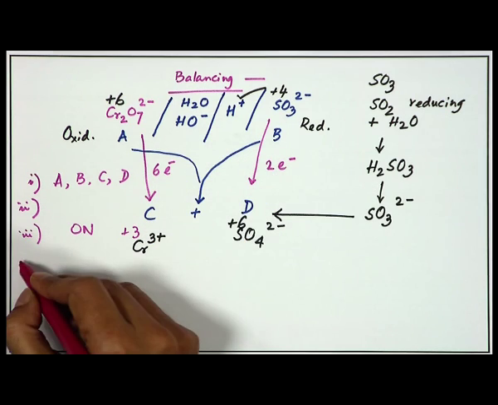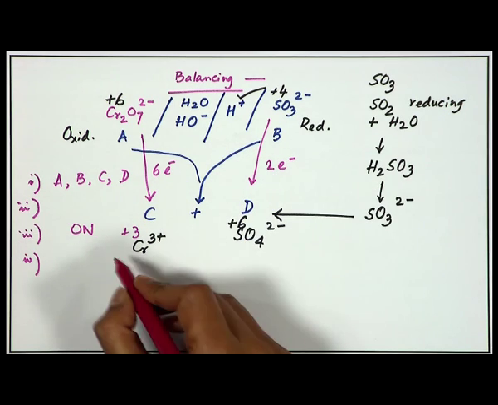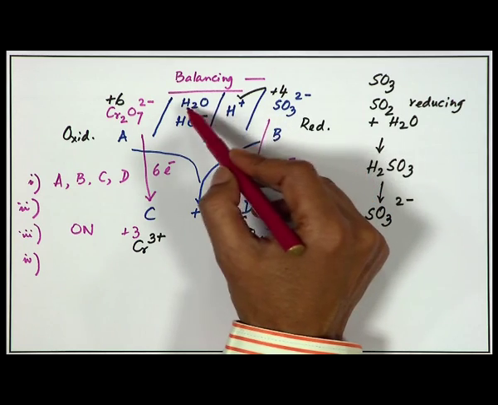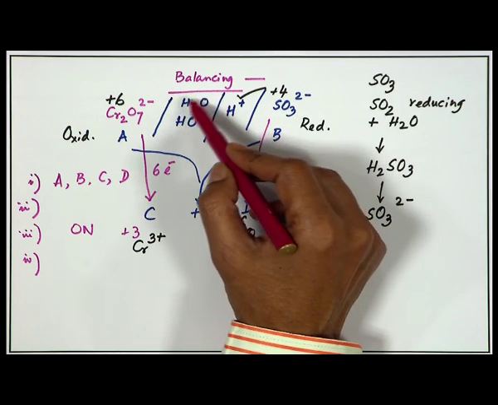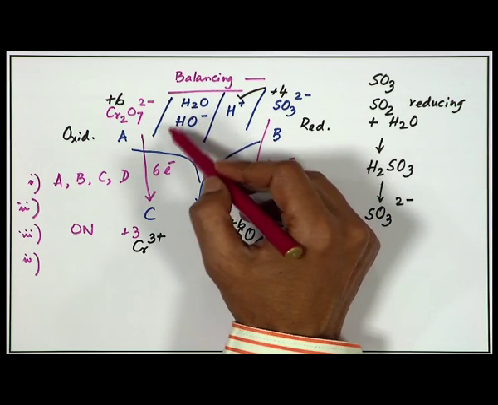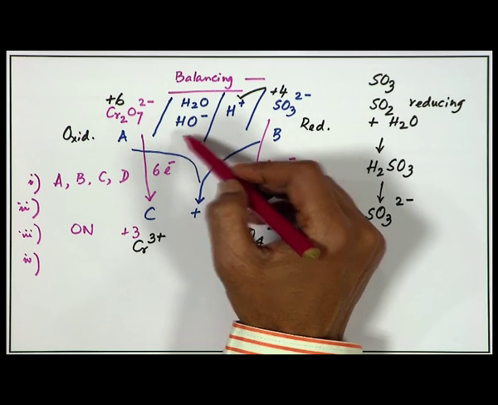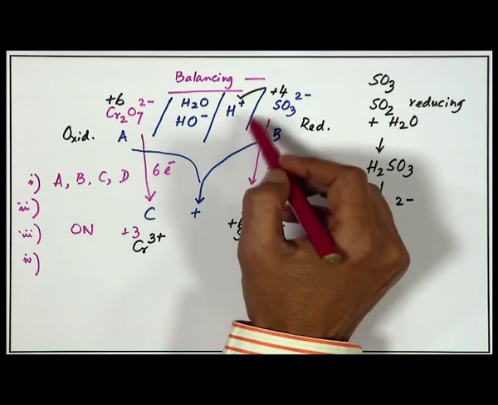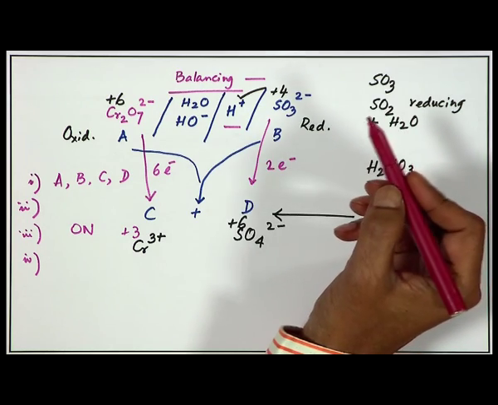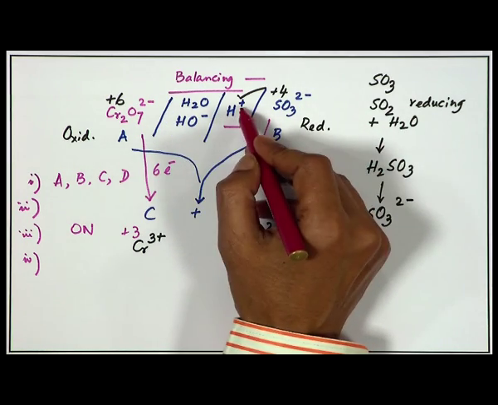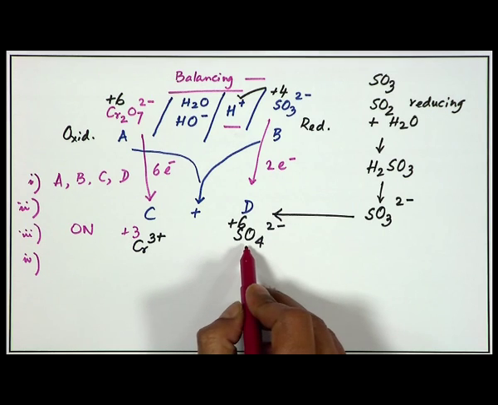Then we go for the total ionic charge balance, because that is also important. If the medium is alkaline we should use water if charge is not required, but if the corresponding charge is required we should use hydroxide ion. If we require cationic charge we will use H+.